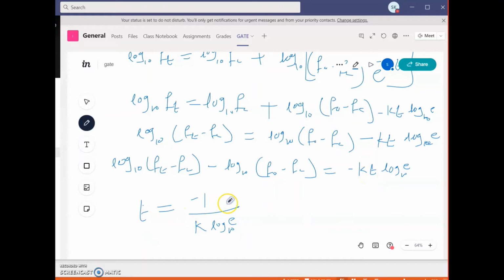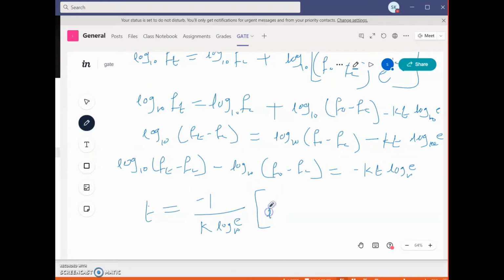So t we have written. We have taken this entire term here, and now we can write it in the bracket. So I will write as it is: log to the base 10, sorry, log to the base 10, and the same content I will write as it is.